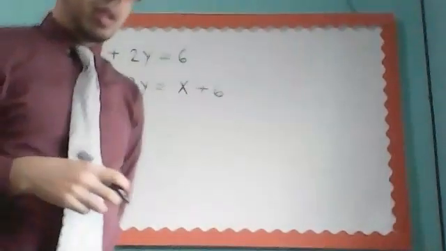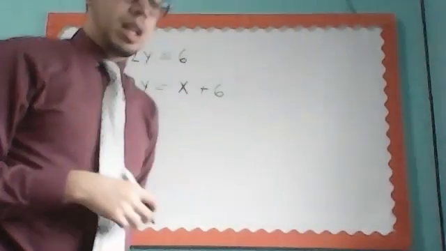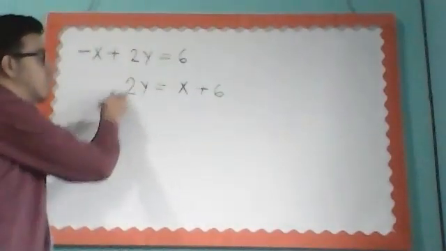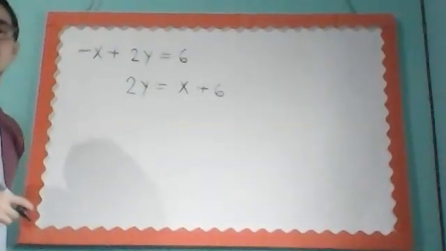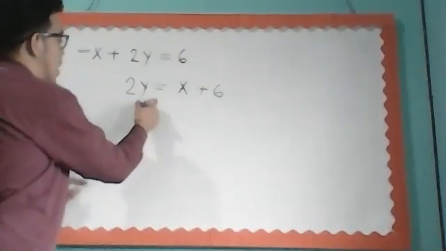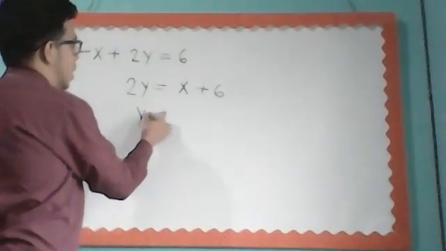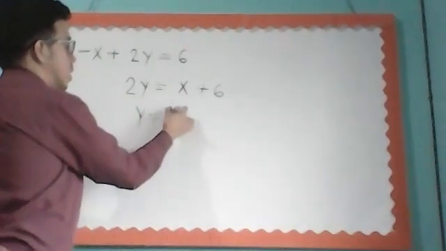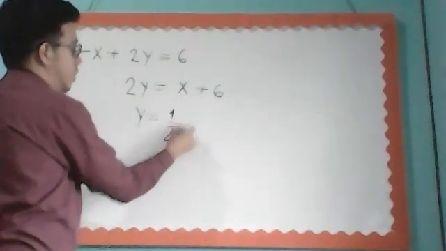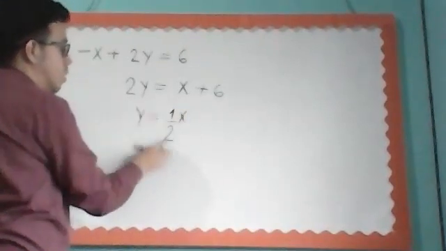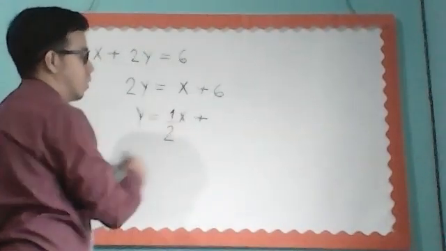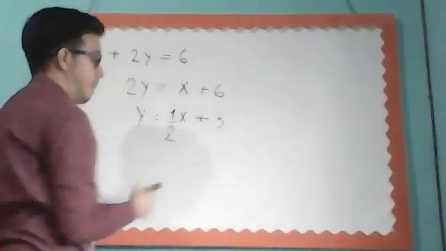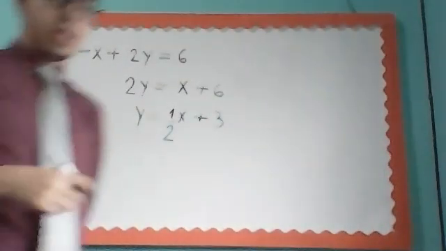Now, what are you going to do? You can see that this number 2 is multiplying my variable, so I need to pass it to the other side to divide. So I have y equals 1/2 of x, or x divided by 2, it is the same, plus 6 divided by 2, that is going to be 3. And what is the domain you have?